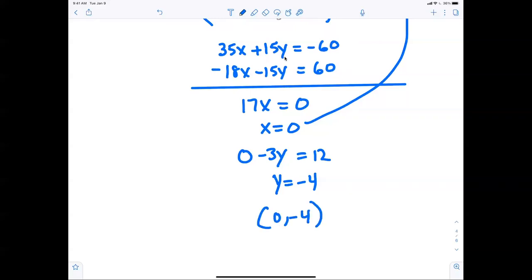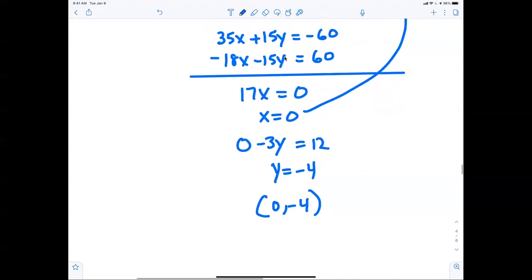Now, does everybody understand if I were to graph both those lines, what's going to happen? If I graph the lines, what's happening? They're going to what? All lines are straight. They're going to cross and intersect where? At 0, -4. That's the answer.